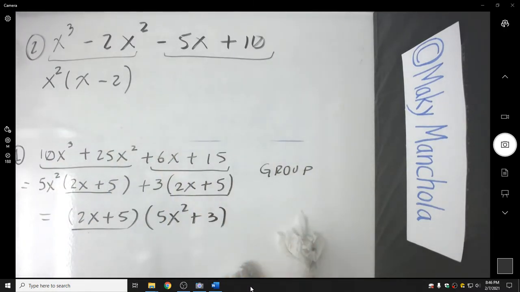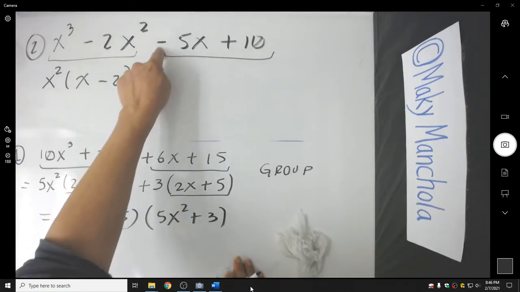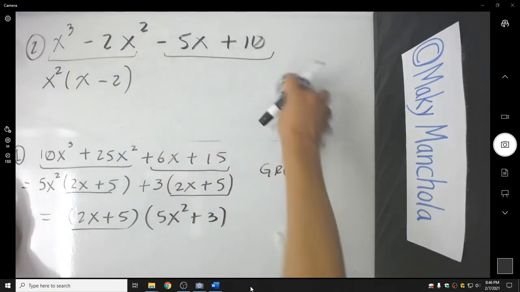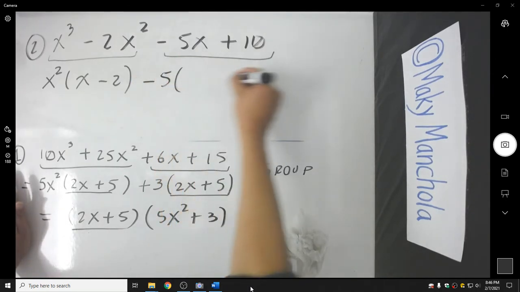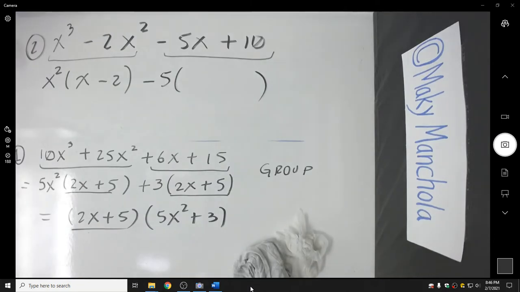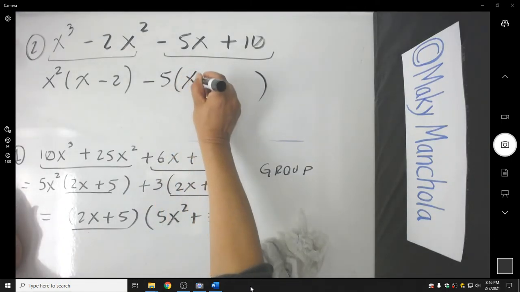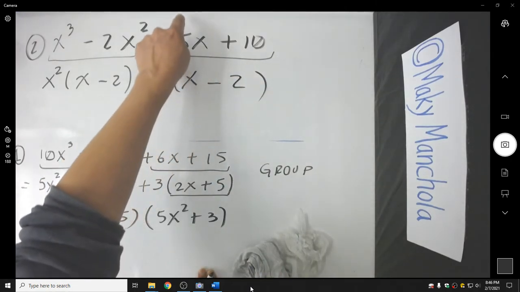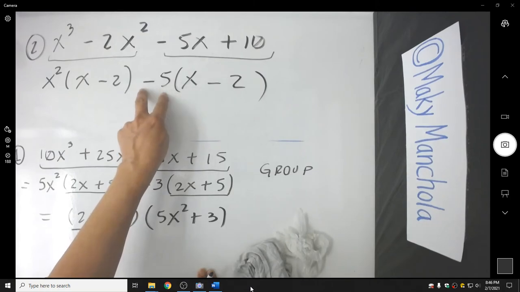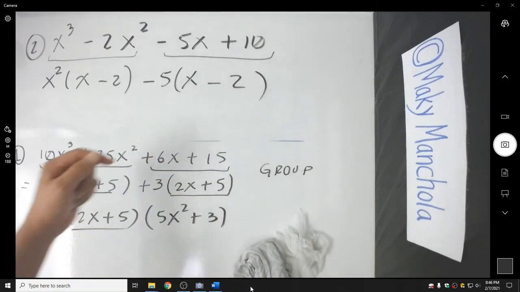We do get to factor out 5, but we should factor the negative as well. So let's factor out negative 5. What are we left with? We're left with x minus 2. Let's check. Negative 5 times x is negative 5x. Negative 5 times negative 2 is plus 10.